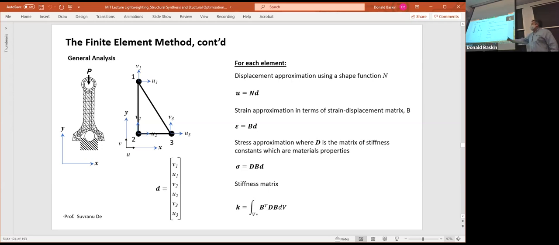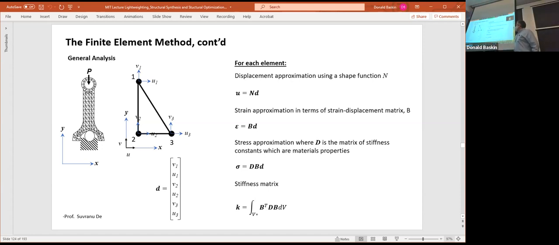There's got to be a length factor in that B, in that strain displacement matrix. The stress is equal to this value, big D, where big D is a matrix of stiffness, times these other two, right? And that's stress. All right?